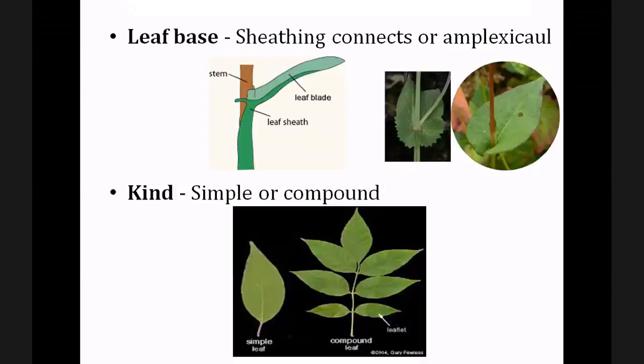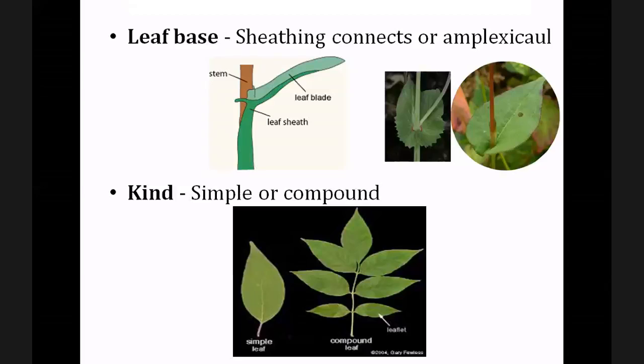Okay, the next category based on the leaf base. Leaf base may be sheathing, connects or amplexicaul. Sheathing means here the leaf base, the petiole. Here the petiole, we call it as a leaf base.